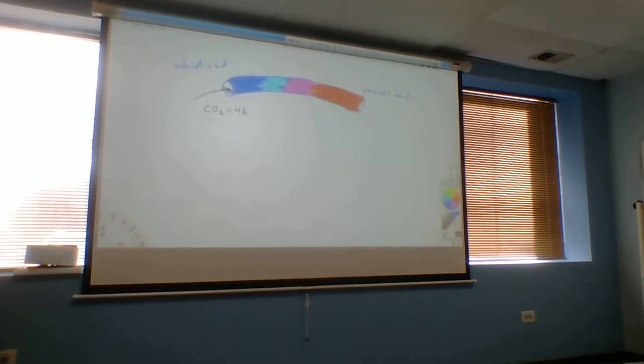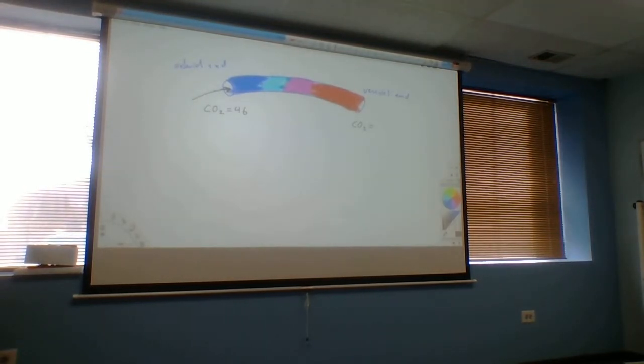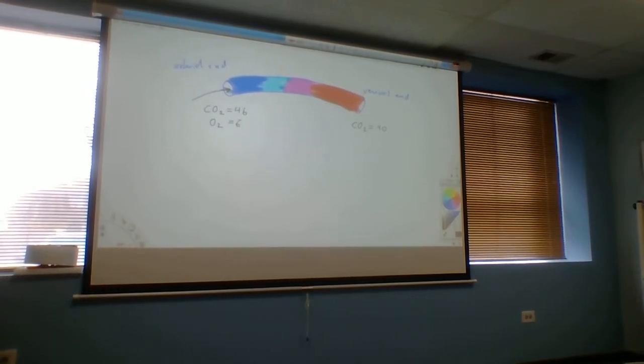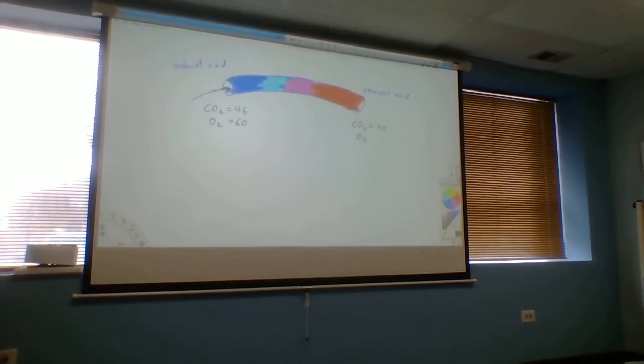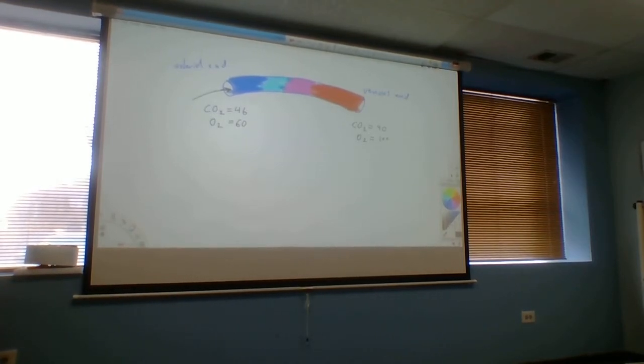And the carbon dioxide at the arterial end is 40. Oxygen at the arterial end in this case is, what do you think? 60. Or let's just say even 40 is okay. And then the oxygen on this end is 100. That's within the capillary. And let's say here you have alveoli.